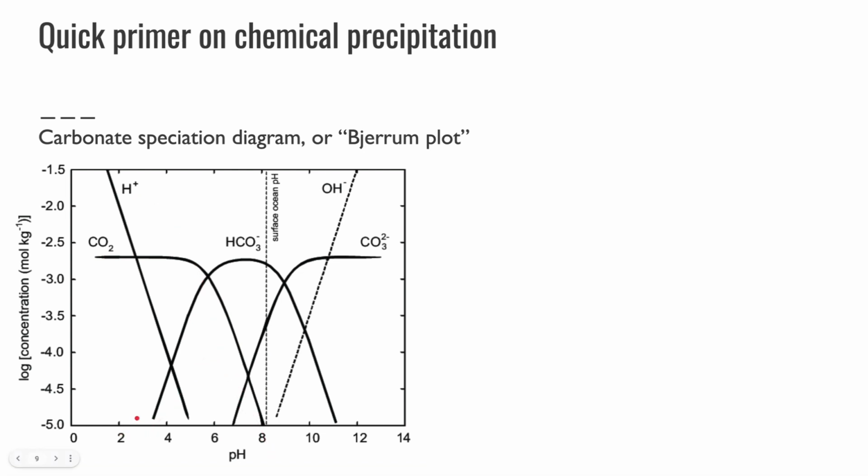At that point, bicarbonate concentration increases, and there's a point where the two cross, where they're in equal proportions, and then bicarbonate becomes more dominant. The same thing happens as you increase pH further in your solution. Your bicarbonate will start to tail off, and your carbonate ion will start to dominate.